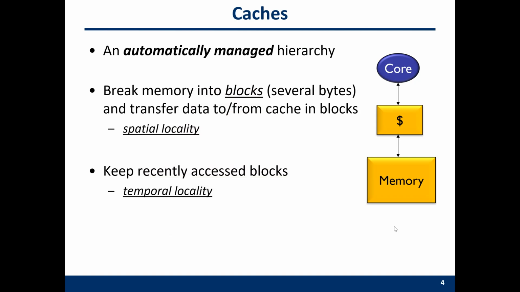So we actually divide memory into blocks. Each block costs only several bytes, for example, 32 bytes. And this 32 bytes is one block, which means that it's one cache line. Each time, the CPU reads a cache line and stores this cache line into the cache.